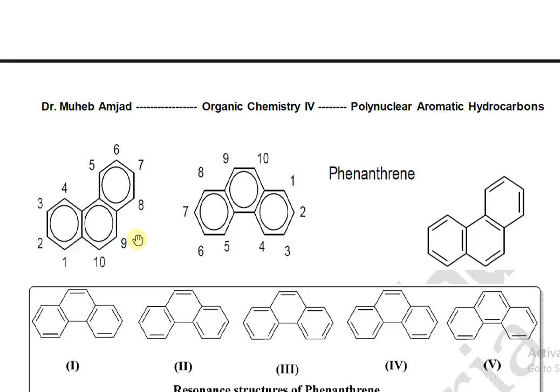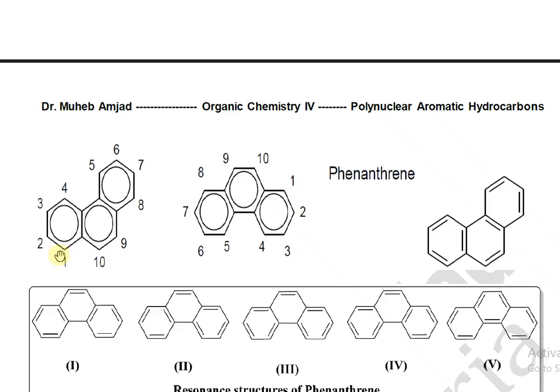So when we start numbering the carbon atoms, we start from this cycle, not from the middle one, and not from this side. Don't say 1 2 3, 1 2 3 4 like that.